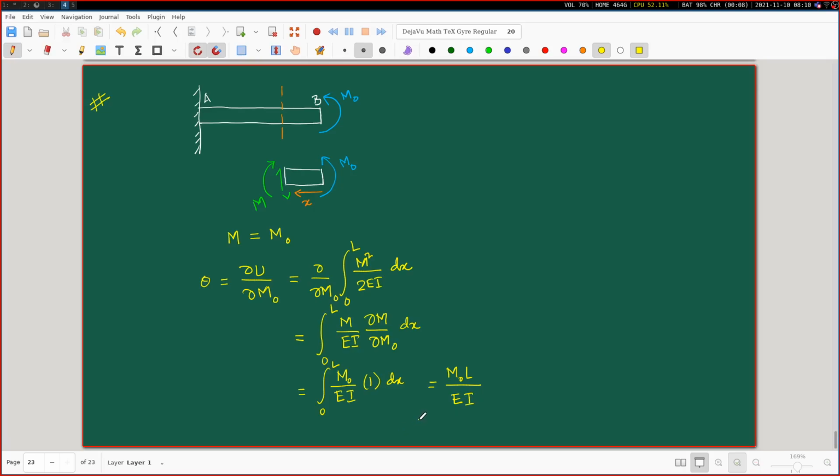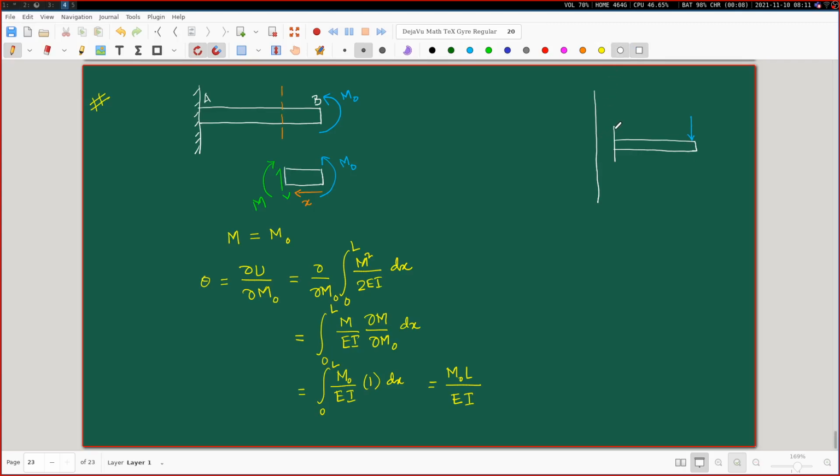All right. Now you may be wondering, suppose instead of this m naught we were given a force P here only. So what I'm asking is this: suppose we had the same cantilever beam like this, and instead of the moment this force was given, so our usual problem.